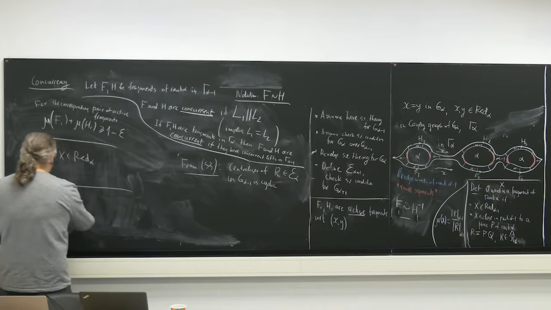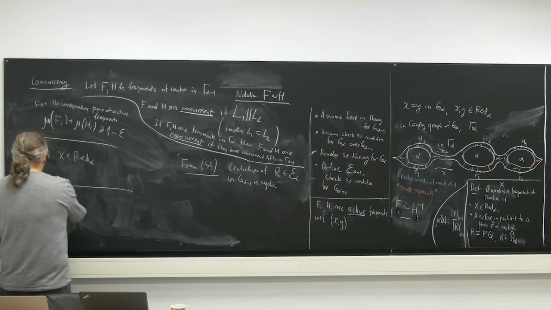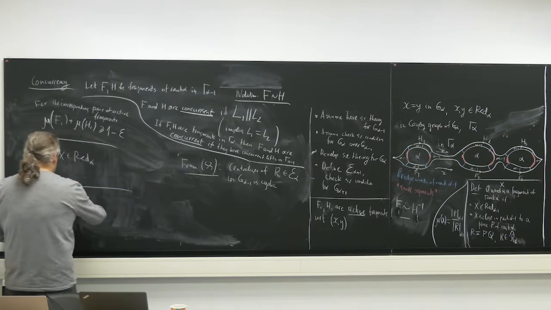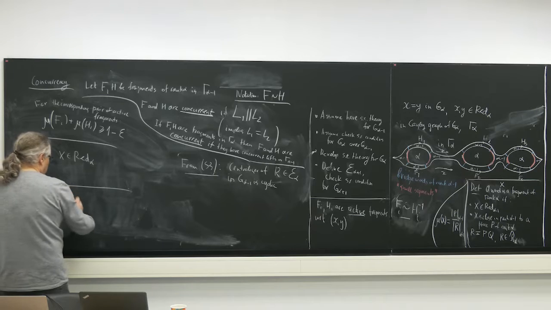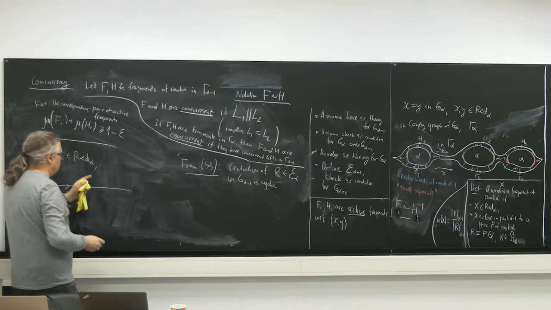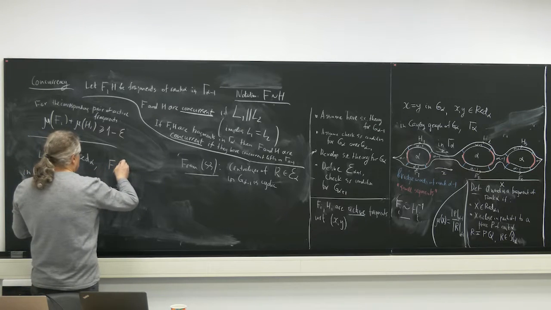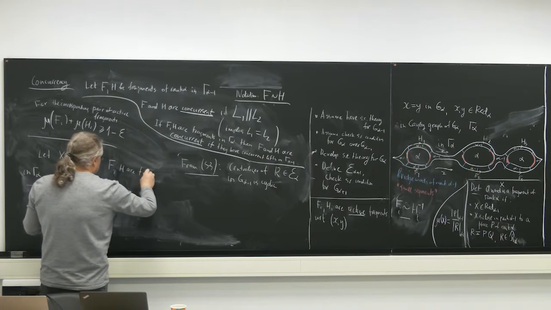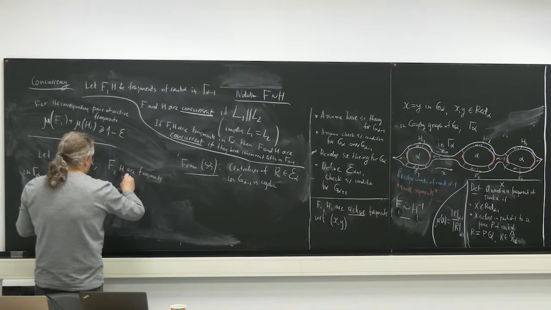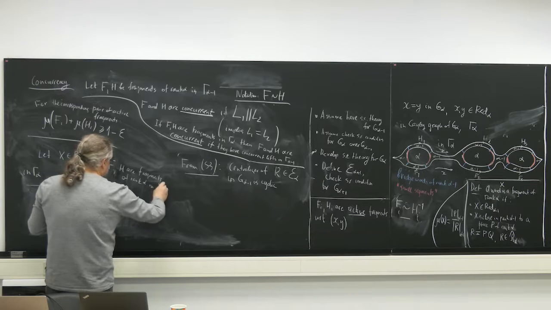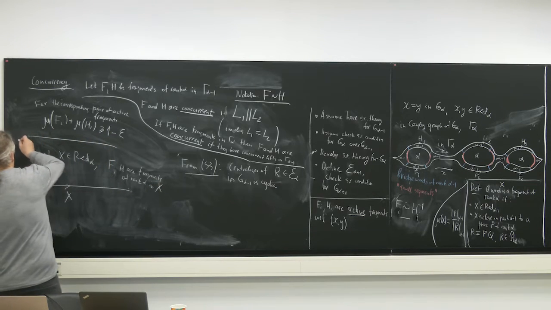We draw x as a path in the Cayley graph, gamma alpha of x. Suppose we have two fragments in x, F and H, fragments of rank alpha in x. So it's a proposition; let's formulate it like this.